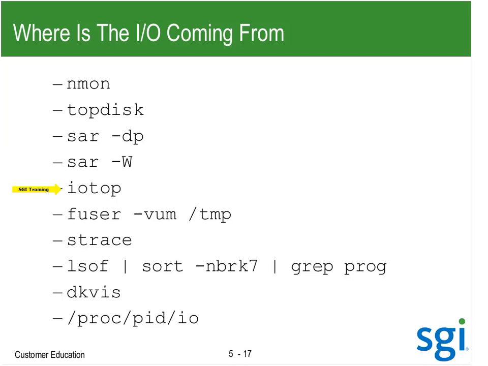IOTop is going into /proc/ whatever the PID is, /IO. So with Nmon, I can see what drives are busy. With the file system layout spreadsheet that I want you to do, you'd figure out what file system that is. And then you could use IOTop to see what processes were doing IO into it.